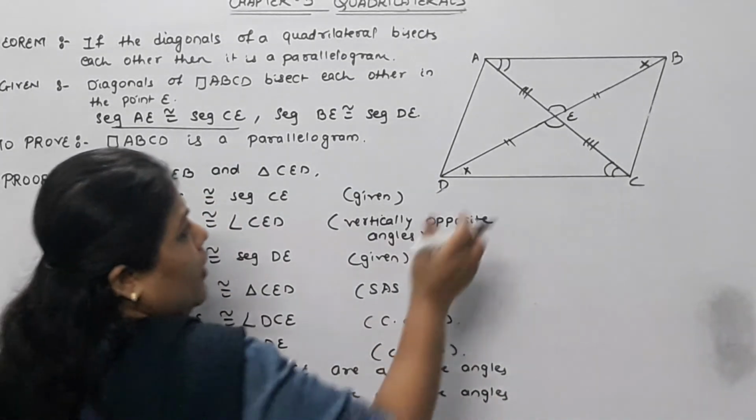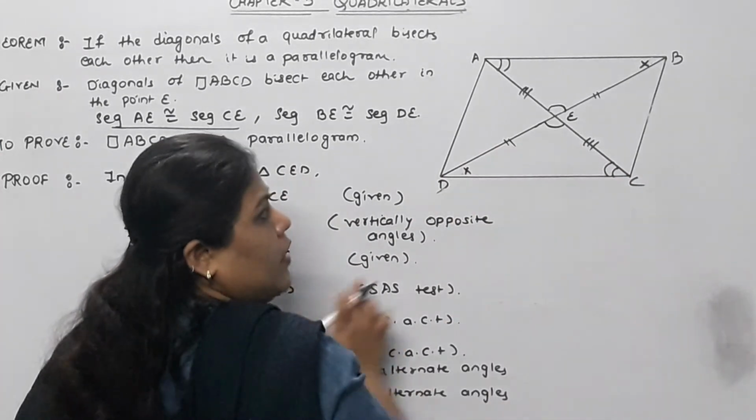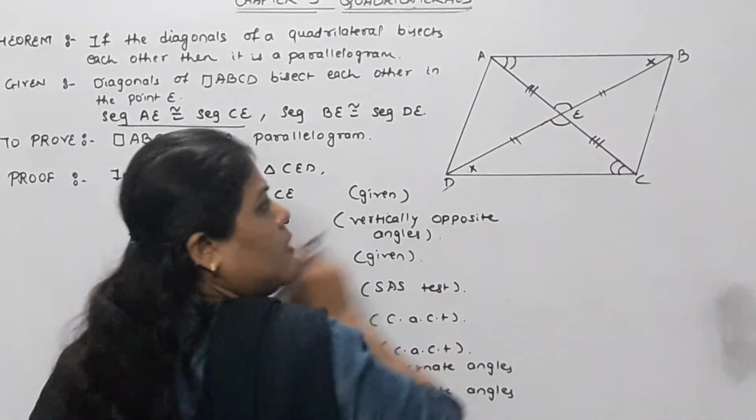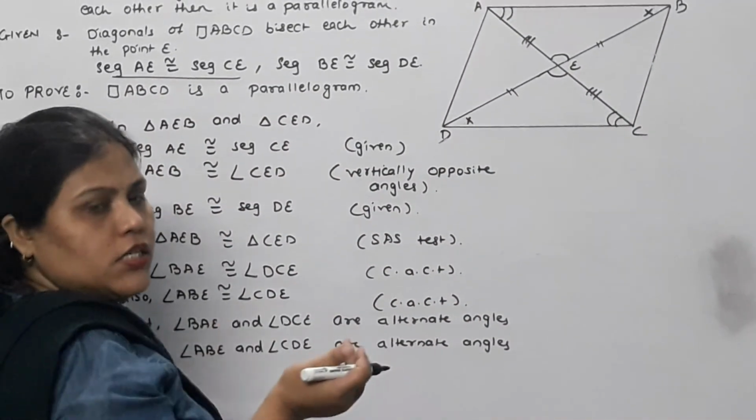Now, angle ABE is congruent to angle CDE. They are formed on transversal BD. Therefore, AB is parallel to CD or DC.